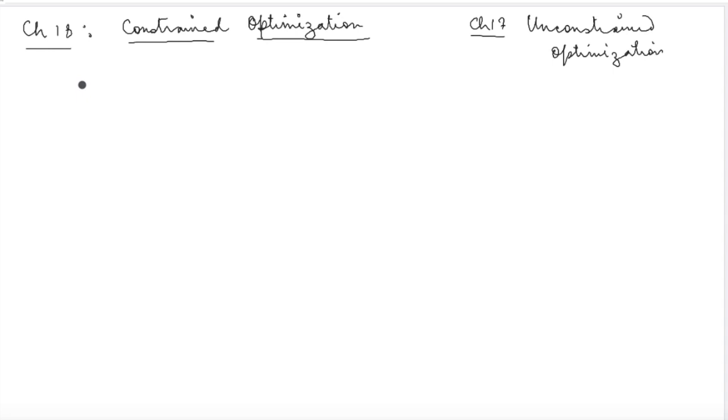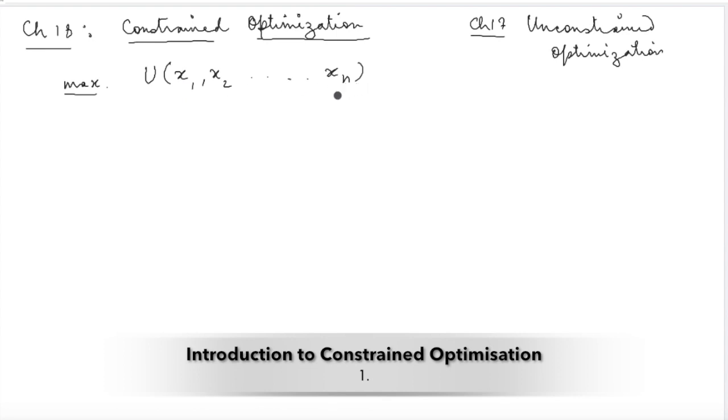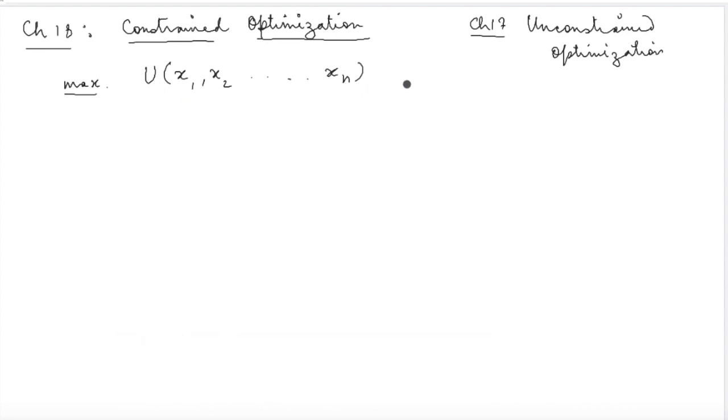So if I had to write this in terms of a functional form, then you are basically talking about some kind of function which you need to optimize, जिसको हम objective function बोलते हैं. So say you have a utility function and it is a function of n variables. So you have to maximize the utility of a consumer given certain constraints.